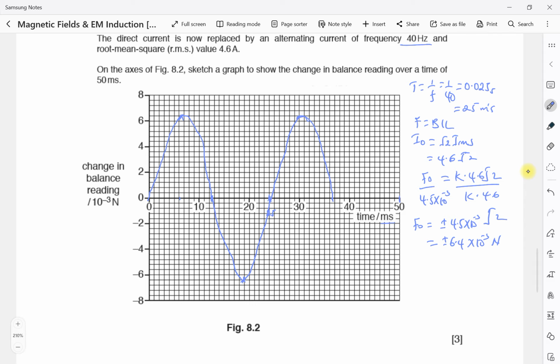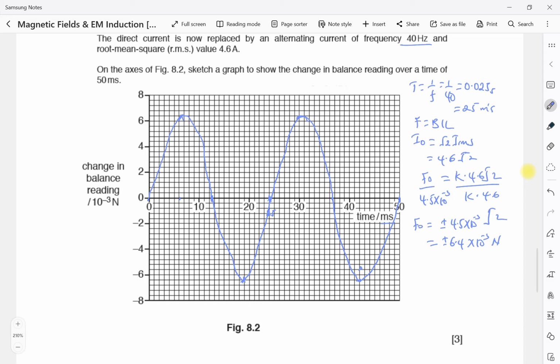Then it goes to maximum, 1, 2, 3, 4, 5, 6. So it reaches maximum again at around 1, 2, 3, 4, 5, 6. I think it's around here. Then it goes back to 0. Okay.